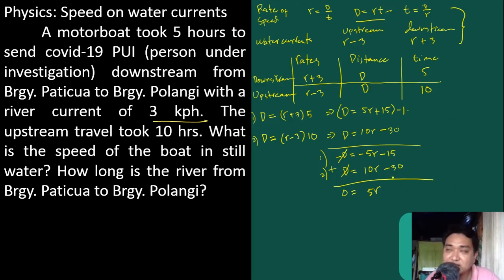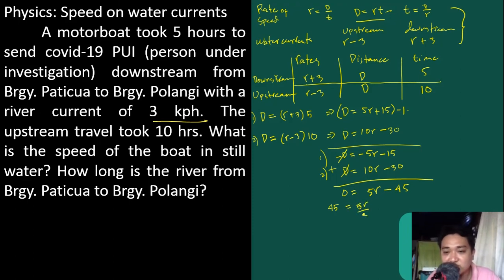Dito naman, pareho sila ng sign, so i-combine natin sila. And then copy the common sign. 30 plus 15 is 45. Ayan. Here, pwede nating i-transpose yung 45 sa kabila. So, we have 45 is equivalent to 5R.